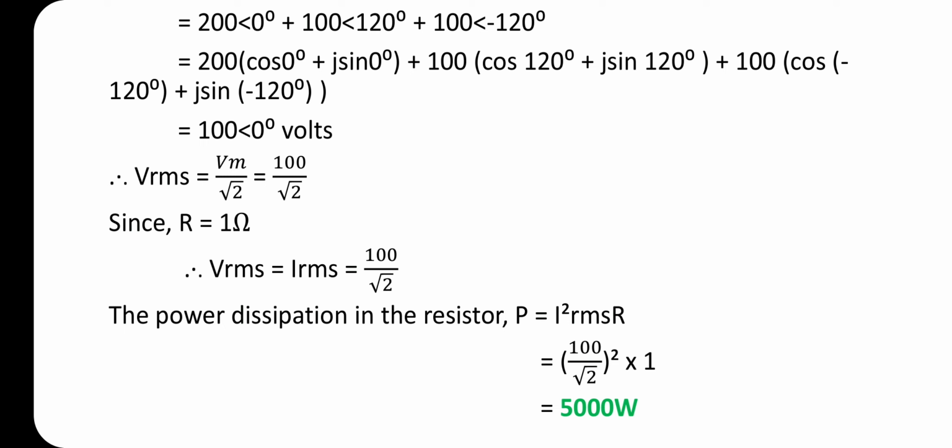Since R equal to 1 ohm, Vrms equal to I into R, so Vrms equal to Irms equal to 100 by root 2. Therefore, the power dissipation of the resistor P equal to Irms square into R. Substituting the values of Irms and R, we get the total power dissipation in the resistor as 5000 watt.